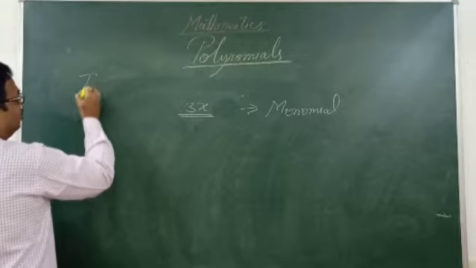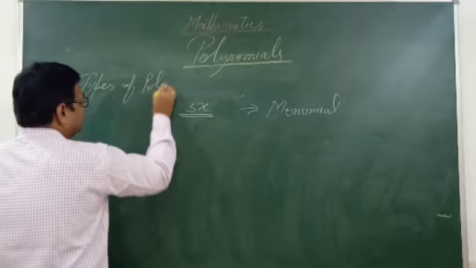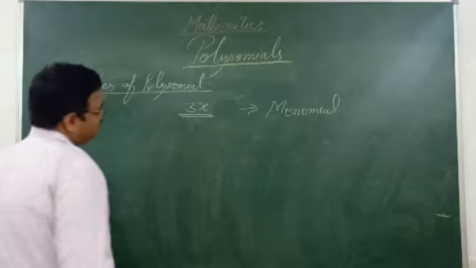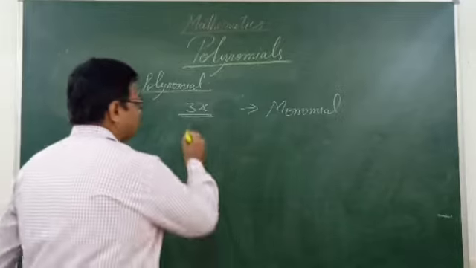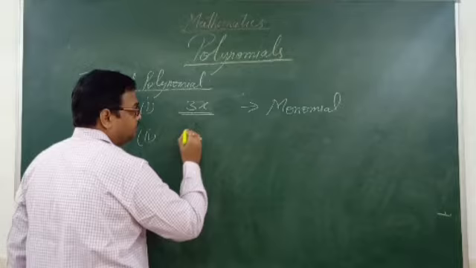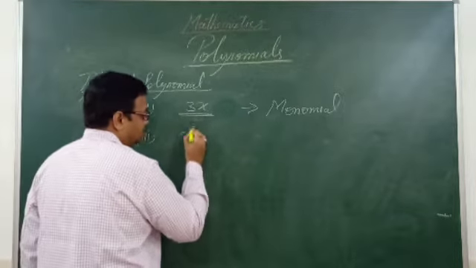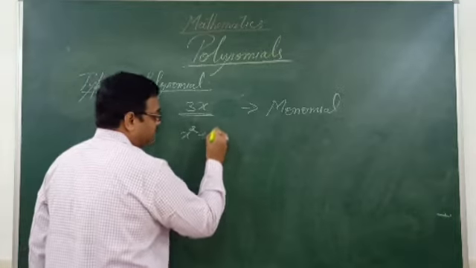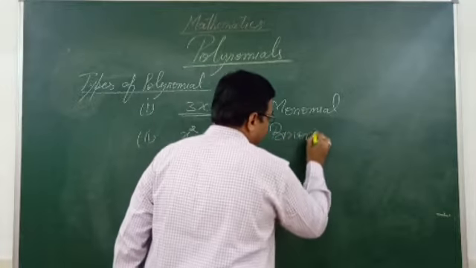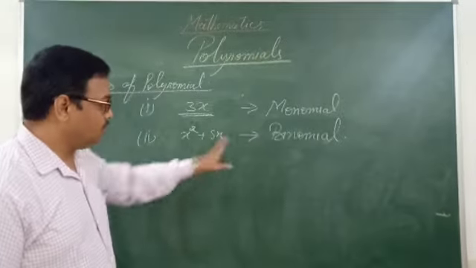Here you can write the type of polynomial. Second, a polynomial having two terms, suppose x square plus 5x, is known as a binomial.